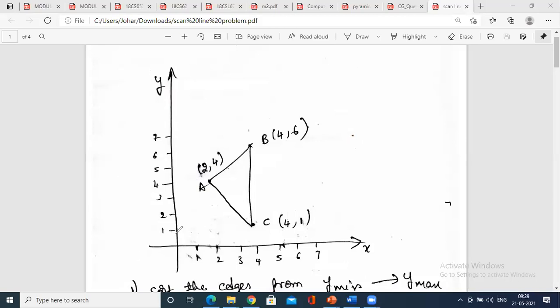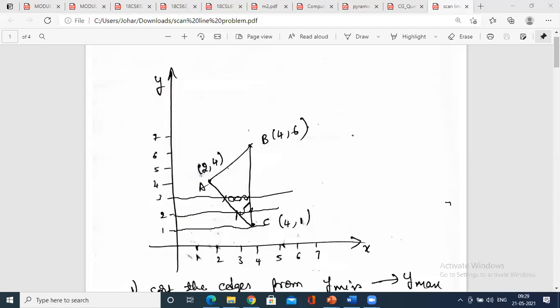For example, if the scan line passes directly at this vertex, similarly you have to find what is the intercept that it intersects over here and over here. Similarly, this intersects at 3. So what is this intercept? What is this intercept? Fill it with this pixel.